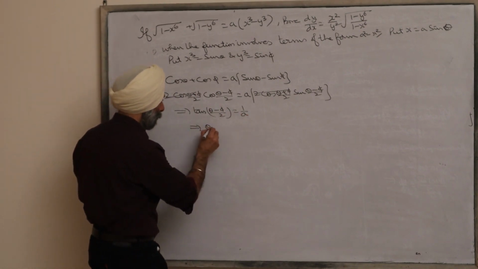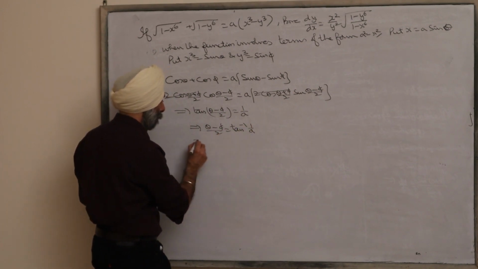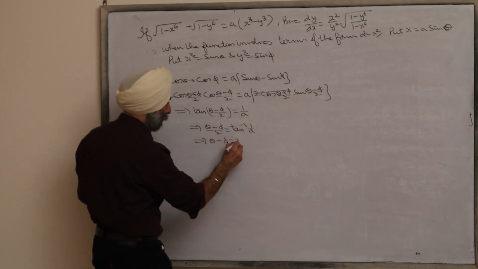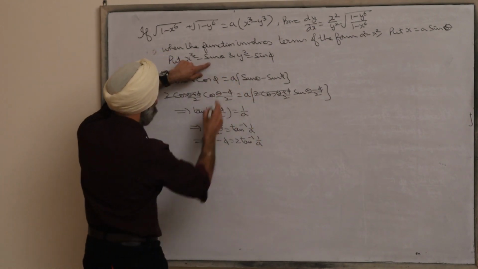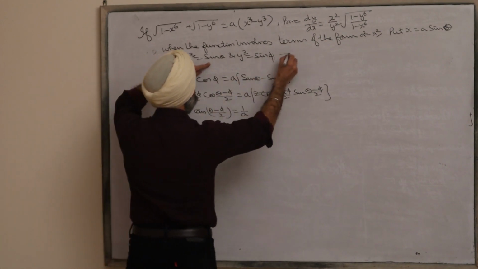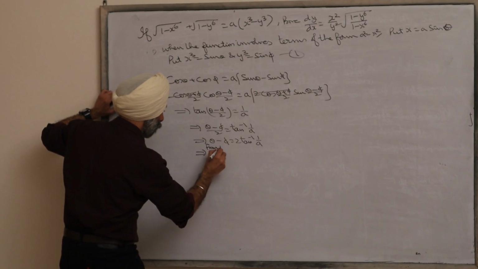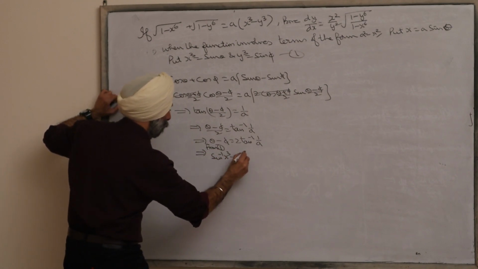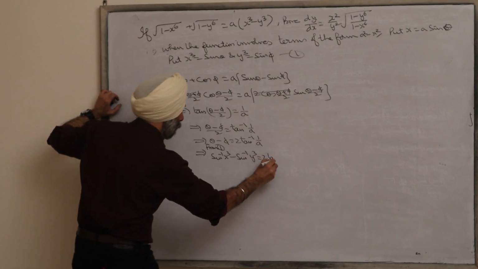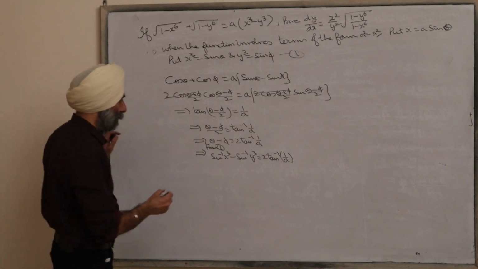So this implies (θ − φ)/2 is equal to tan⁻¹(1/a). This implies θ − φ is equal to 2 tan⁻¹(1/a), or from first, sin⁻¹(x³) − sin⁻¹(y³) is equal to 2 tan⁻¹(1/a). Now you differentiate this.